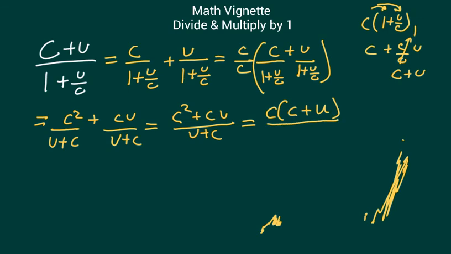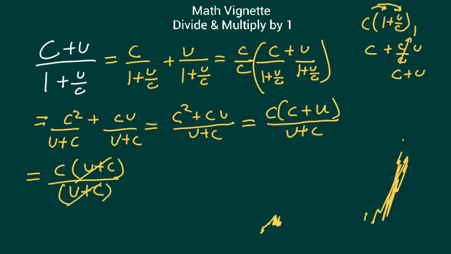Okay. And it doesn't matter how you write it, but u plus c. I'm going to write it one more time. C, u plus c. I know it's pedantic, but see, there's that factor. We've got same factors.